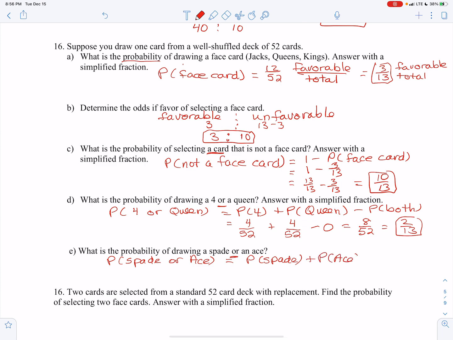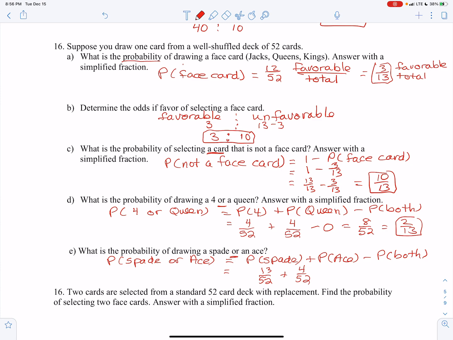Now, if it's possible for both to happen at the same time, we have to subtract the probability of both, if there are overlapping outcomes. All right, well, there are 13 cards that are favorable to being a spade out of 52. The 4 aces, so 4 cards that are favorable to an ace out of 52.